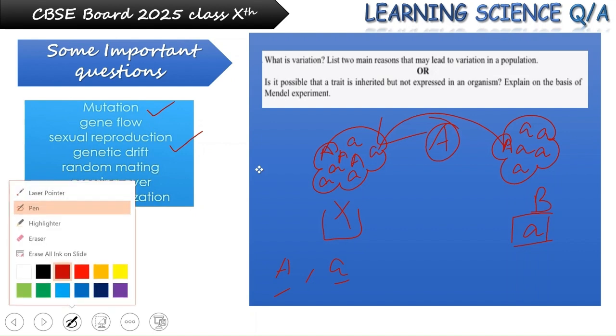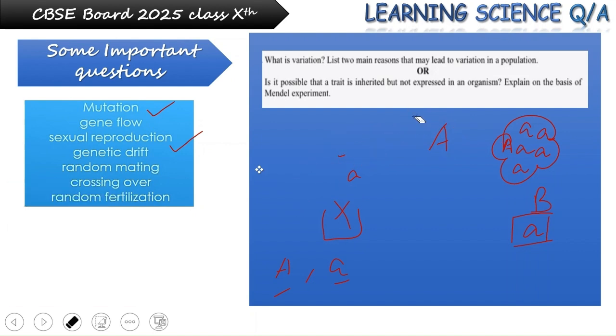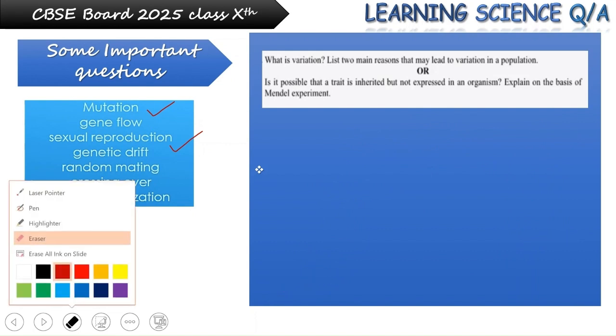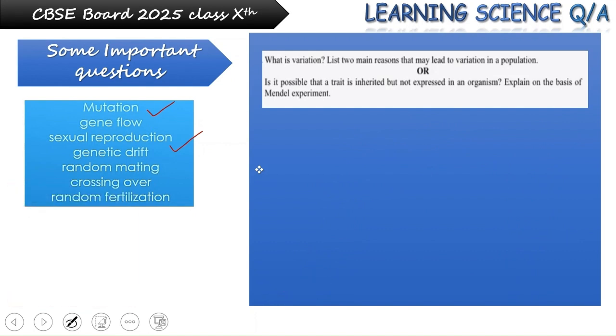Another question is, is it possible that a gene or a trait is inherited but still not expressed in the population? Yes, this may happen, especially when the allele is recessive. Now, suppose we have this dominant copy of the allele and we have the counter recessive copy of the allele.